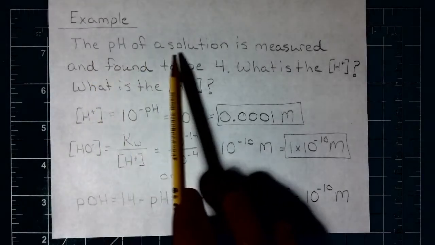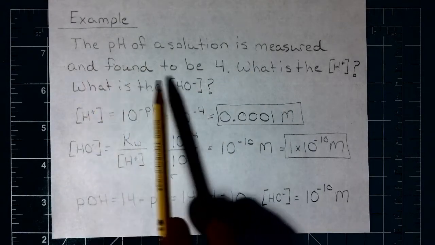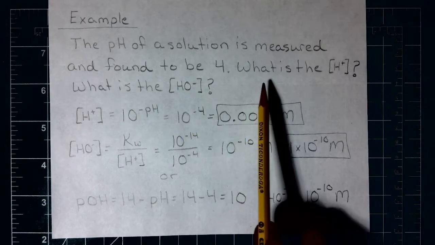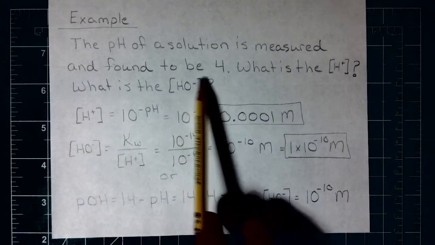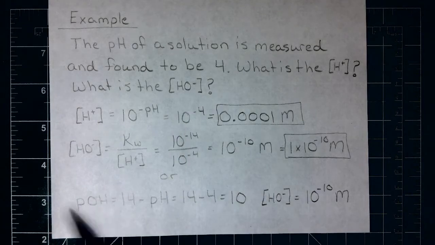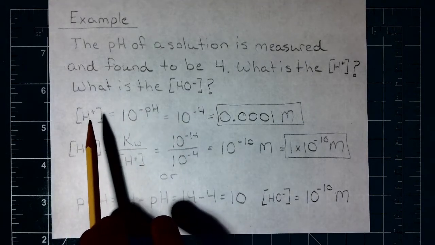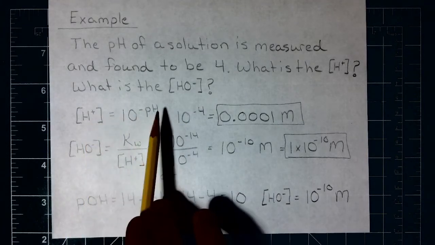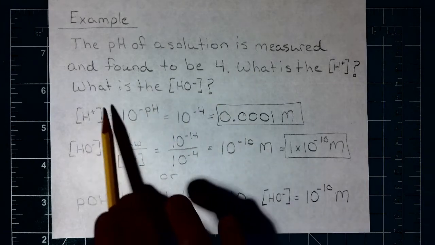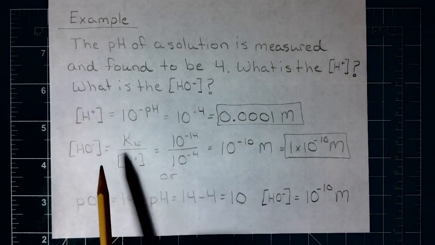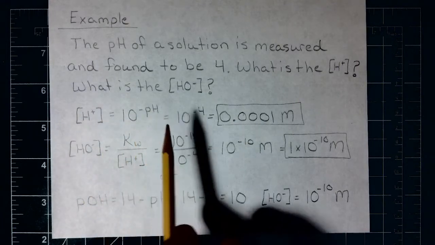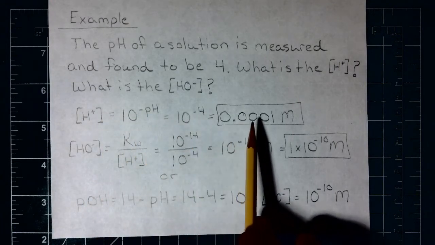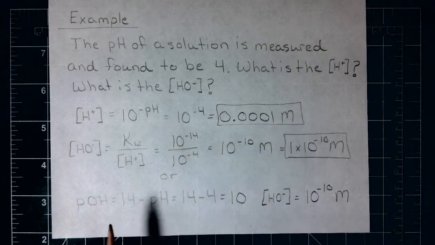The pH of a solution is measured and found to be 4. What is the hydrogen ion concentration, and what is the hydroxide ion concentration? So the first thing we'll do is convert that pH that we're given to the concentration of hydrogen protons here. So we have 10 to the negative pH, 10 to the negative 4, which is 0.0001 molar.